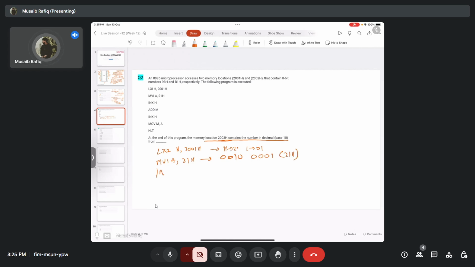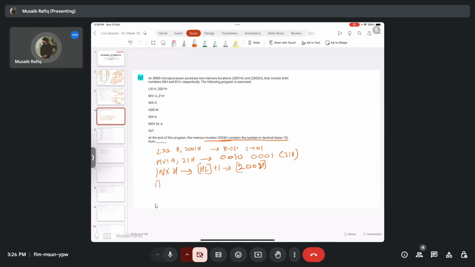Then we have increment operation on HL, so it will increase the content by 1. Now 2001 is stored in the HL pair, so earlier it was 2001, now it will be 2002.